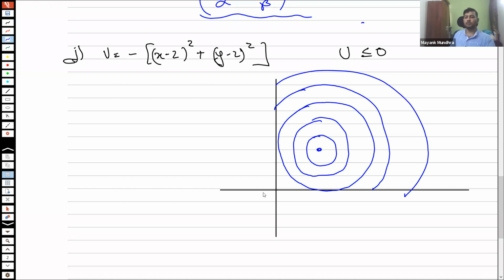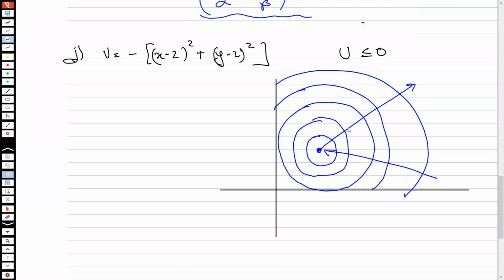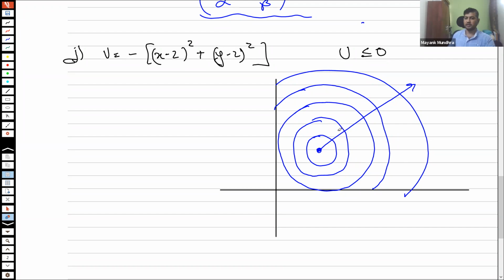These are going to be my indifference curves. And in which direction are they increasing? Are they increasing away from this center, or are they increasing towards the center? Which indifference curves represent higher utility?